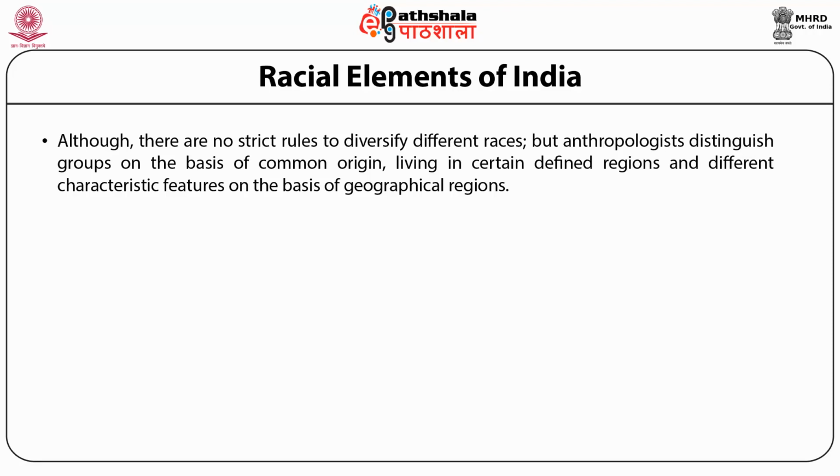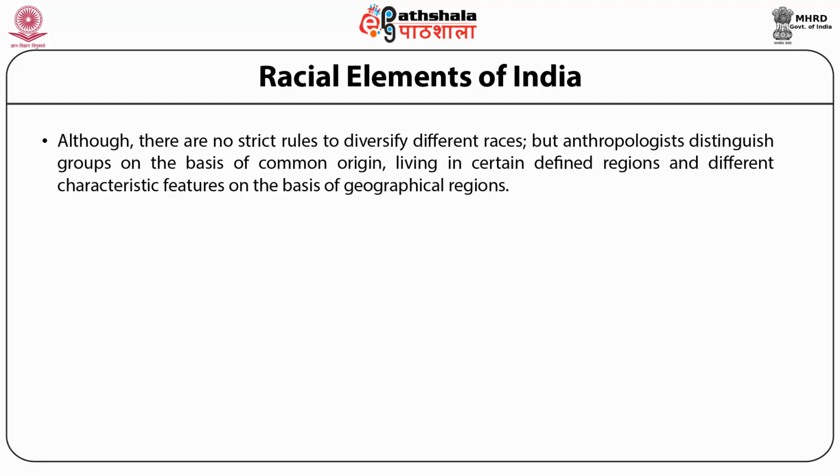Modern man is biologically uniform in basic features, for example, upright posture, well-developed hands and feet, and absence of bony eyebrow ridge. Scientists place all human beings into a single species, that is Homo sapiens. However, differentiation in groups can be seen on the basis of different geographical regions.